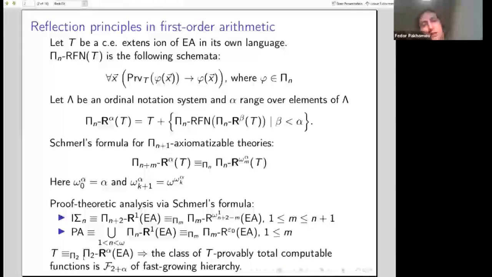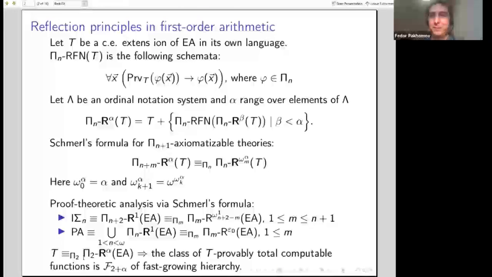Okay. But also it's possible to extract other notions of proof-theoretic ordinals from this. For example, one could connect this iteration of reflection with transfinite induction, and thus characterize the amount of provable transfinite induction.